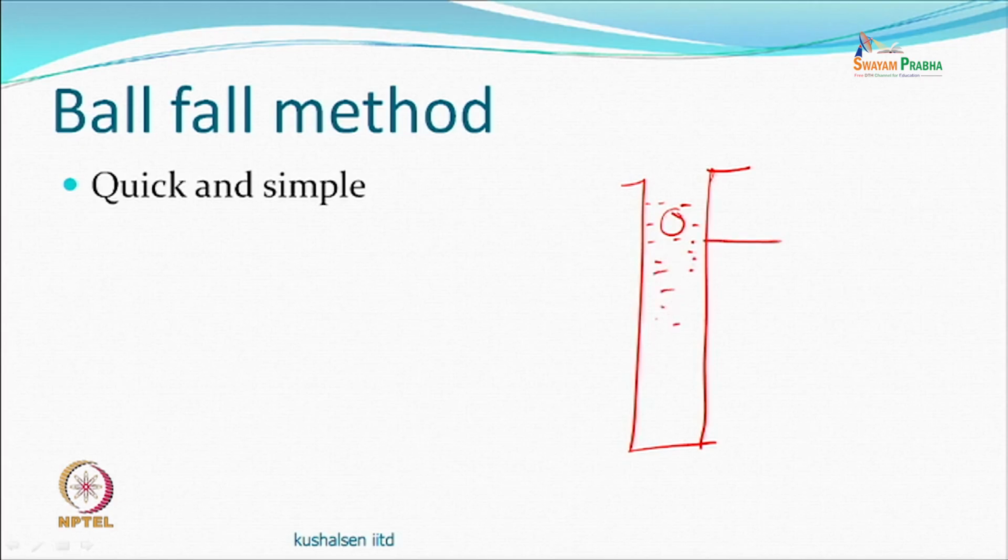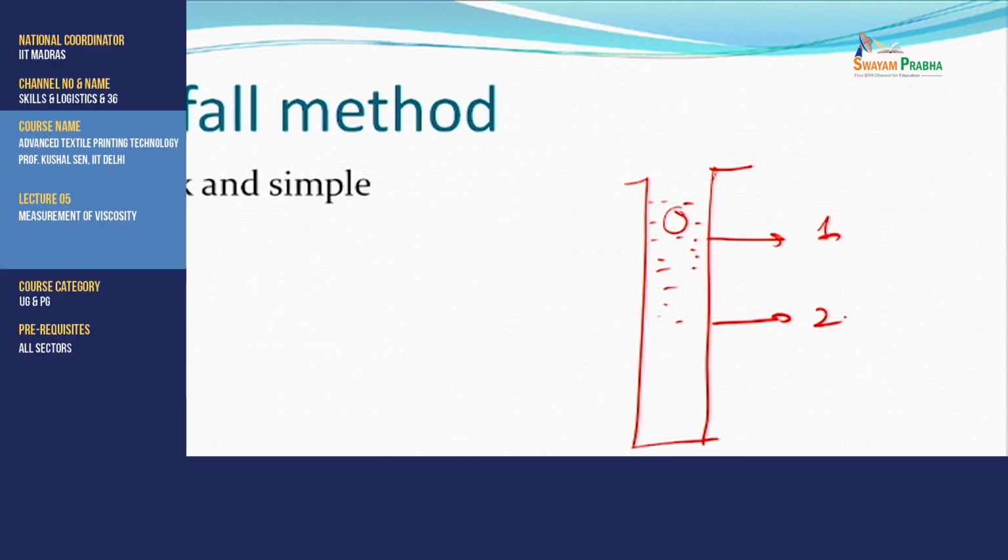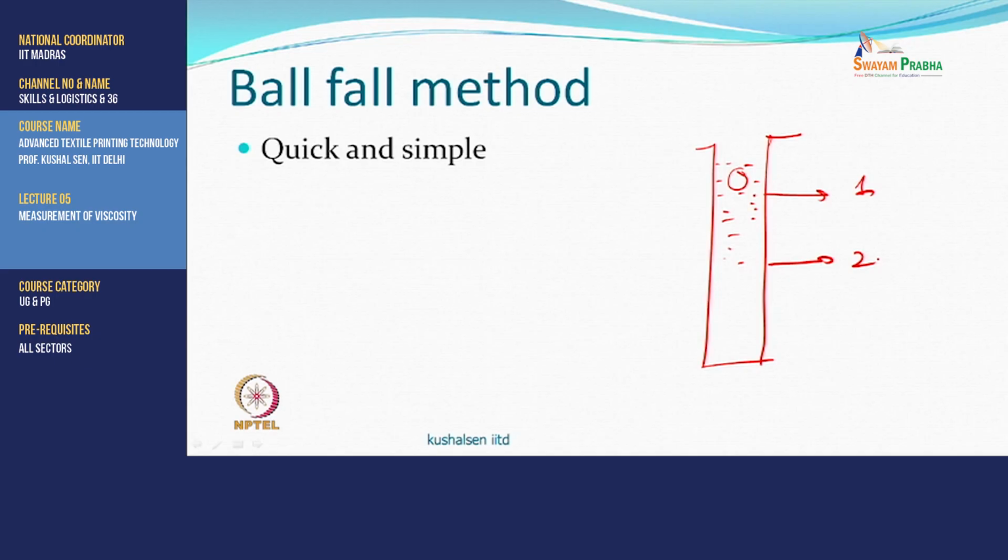So one can fix some time markings, point 1 to point 2, and it's quick and simple as long as you can see the ball. You just put the ball and that's it. And if you want to take more readings, if there is enough space at the bottom, you can keep putting one ball after the other. You will have more readings, you can take the averages and work around.